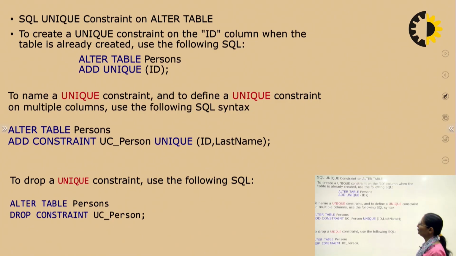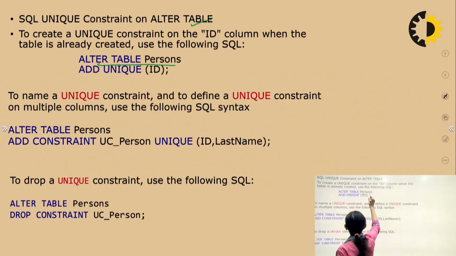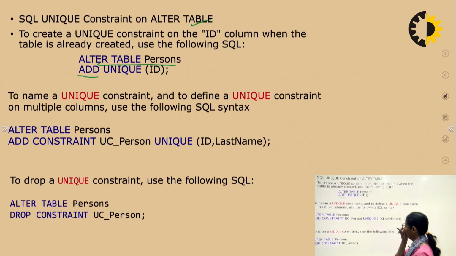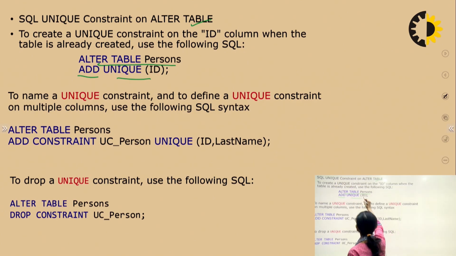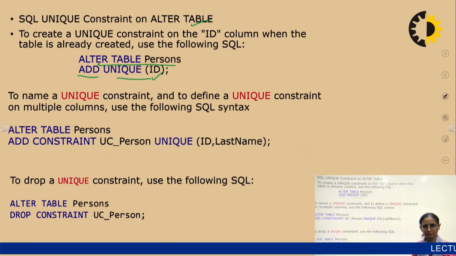How will I use the unique key? With the alter table, that is, once I have created the table, now I want to add the unique constraint. Then alter table, table name, add unique, and then my column name.